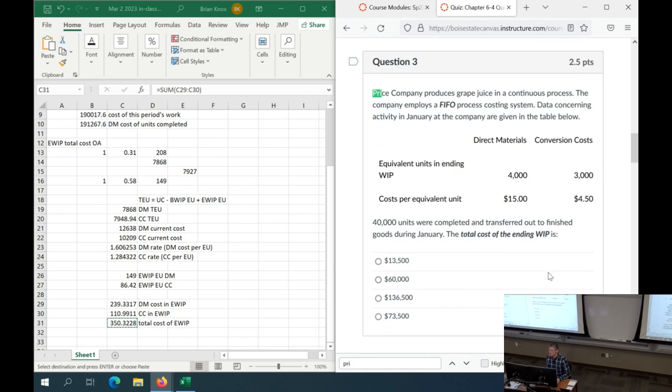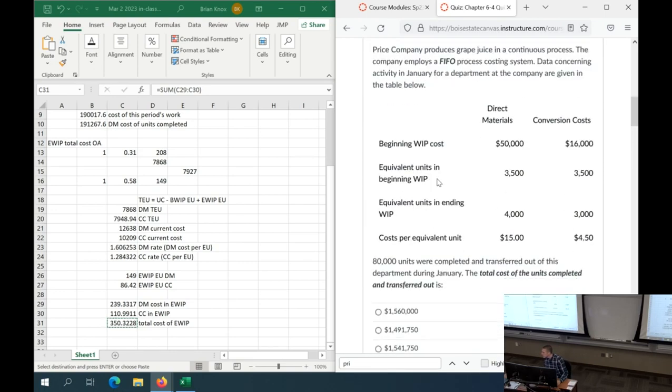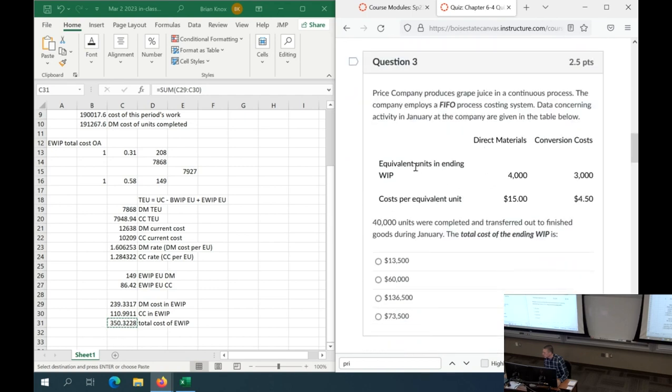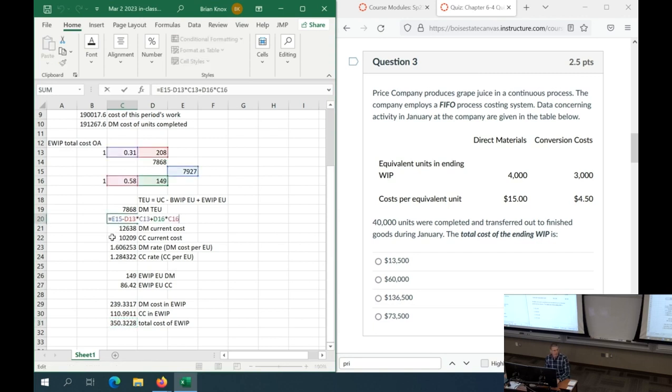What did the other one have? The other one had a much bigger table. It gave us beginning WIP cost and equivalent units in beginning WIP, and this one does not give us that. Any cells you want to see on this one before we move up too far away from it? The open answer one we just finished. Is that all right, Elton?